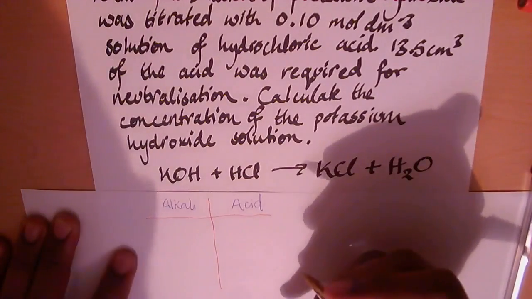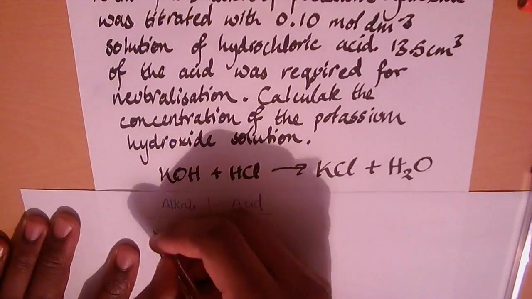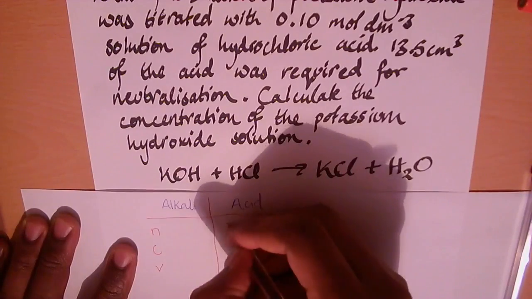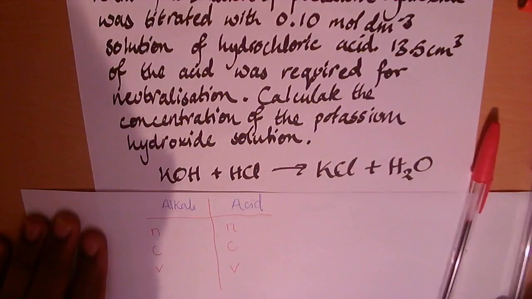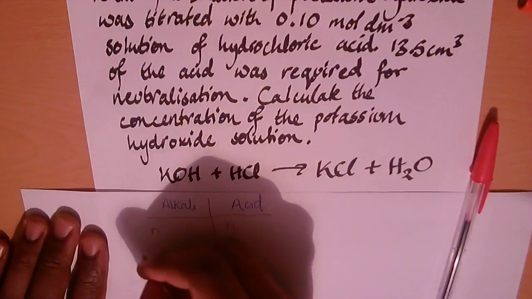And we'll list out N, C, and V just to help us fill in the parts of the question that we actually have and help us actually calculate what's missing.